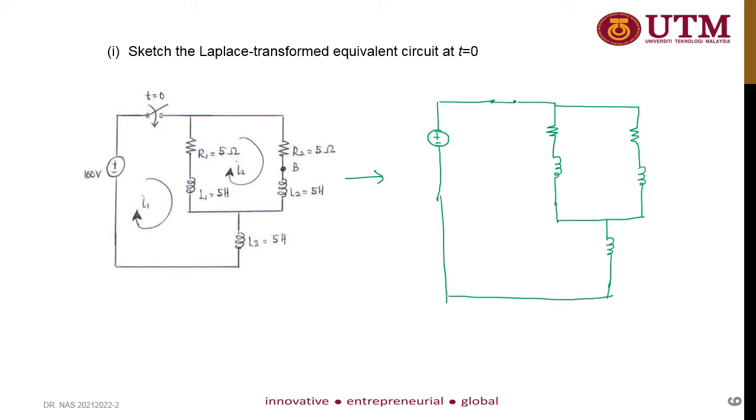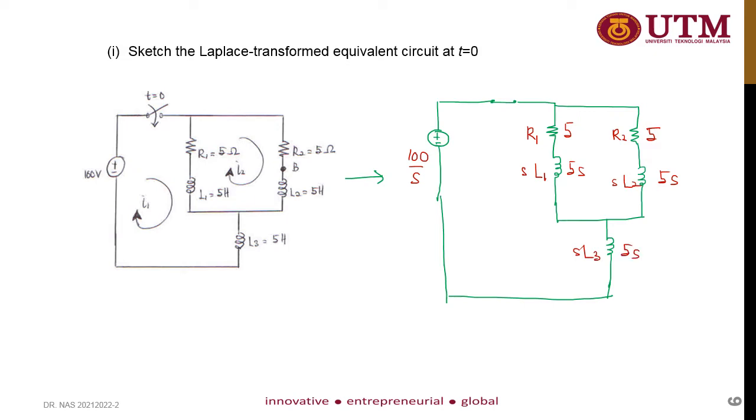The source now is 100 u(t), so it is 100 over s, and then you have R in t, so it will be R in s as well, 5, and then L in t becomes sL in s domain, so your L is 5, so it's 5s, and same for R2, which is 5, and L2 becomes sL2, so it's 5s, and same goes to L3, 5s.